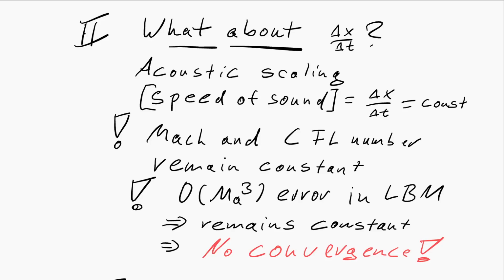This error will not get any smaller when we refine our grid and refine our time step in this acoustic scaling, because the Mach number remains constant. If the Mach number remains constant, independent of the resolution, then Mach squared or Mach cubed remains constant. With this, the error remains constant, and so there would be no convergence.